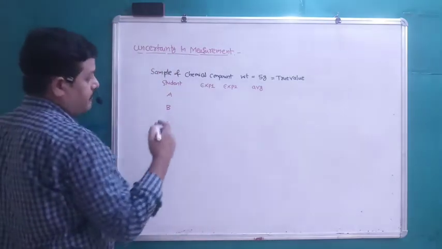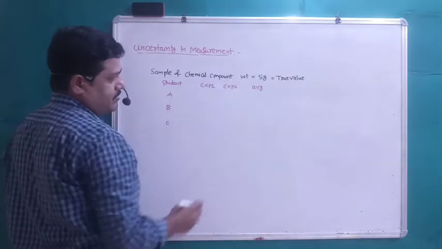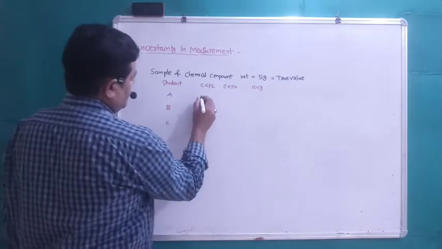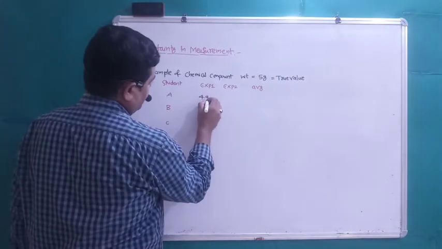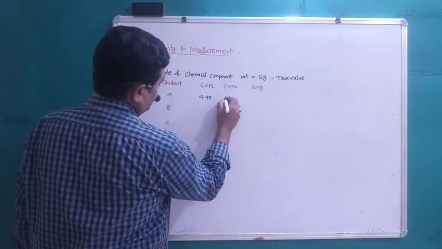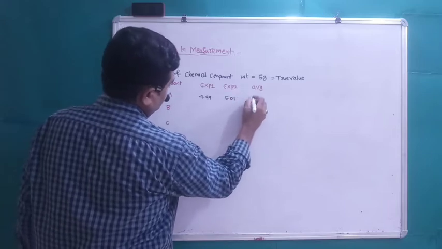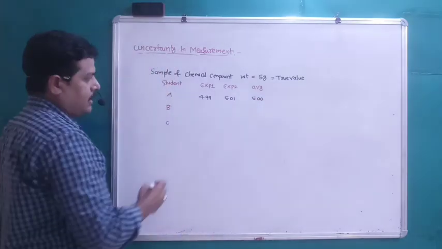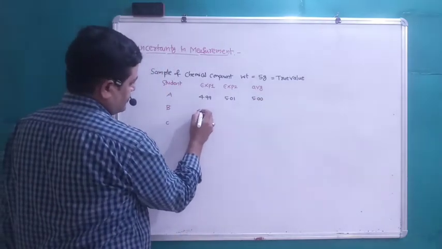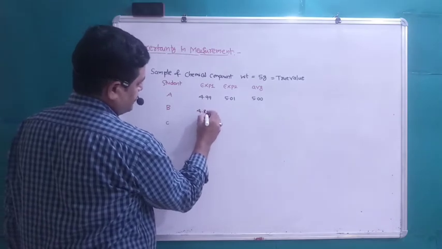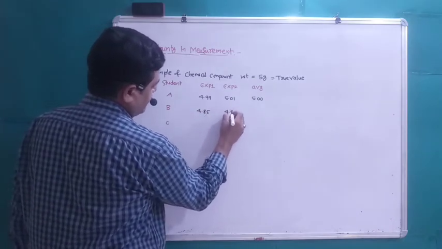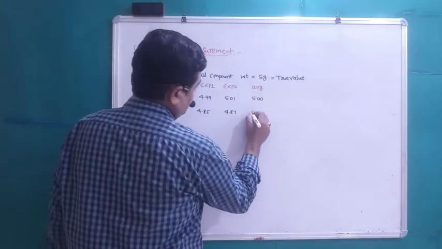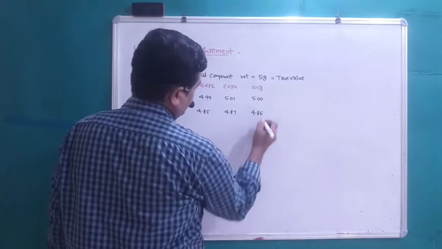A measured the weight of the sample in two different experiments using a simple balance. He got 4.99 and, in the second experiment, 5.01. The average value is 5.00. B got the values 4.85 and 4.87, and the average of these two values is 4.86.